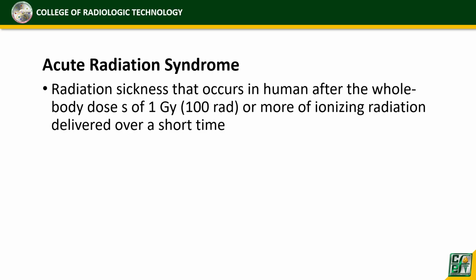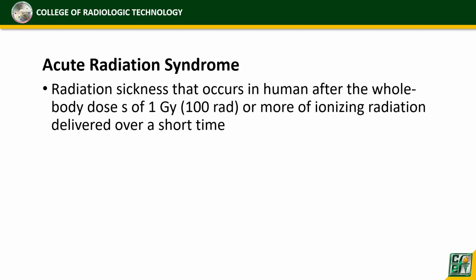Okay, so ARS or Acute Radiation Syndrome. So it is a radiation sickness that occurs in the human after whole body dose or whole body exposure of 1 gray or 100 rad or more ionizing radiation delivered over a short period of time. And delivered over a short period of time, again it is single dose.